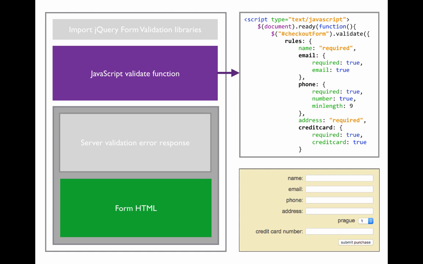This means that the email field is required and that it must satisfy the rules for email that are built into the form validation plugin. Similarly, we can see that the phone number is required, must be a number, which means it cannot contain dashes, and has a minimum length of 9 digits. The credit card field is required and must satisfy the credit card rules.